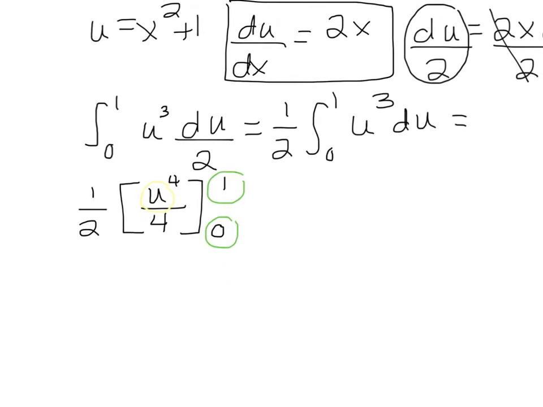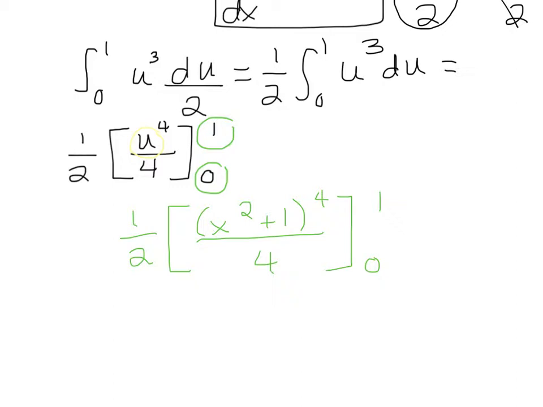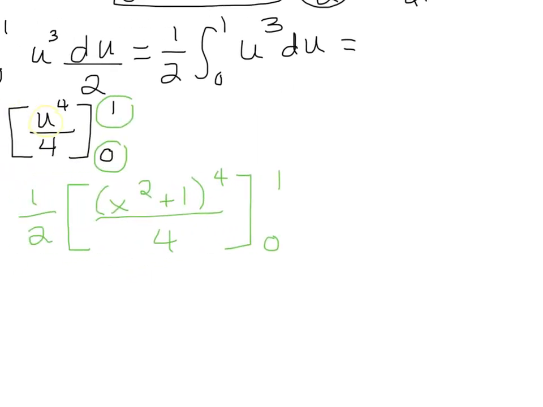So that's what we're going to do first. I'm going to do that work in green. I'll have the 1/2, and then instead of writing u to the 4th, I'll write x squared plus 1 to the 4th over 4, and I will evaluate that between 0 and 1. And so let's expand that.